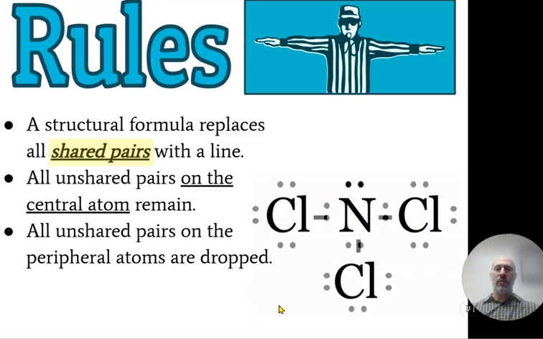So for a structural formula, all it's doing is taking any shared pairs of electrons and replacing them with the dash. Any unshared electrons, if they're on the central atom, we leave them there. And all these other unshared ones around the periphery, they're not part of that central atom, so we can make them disappear.